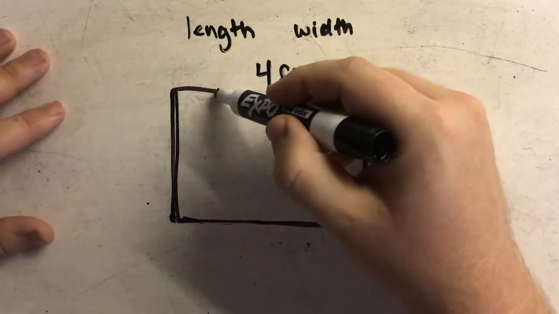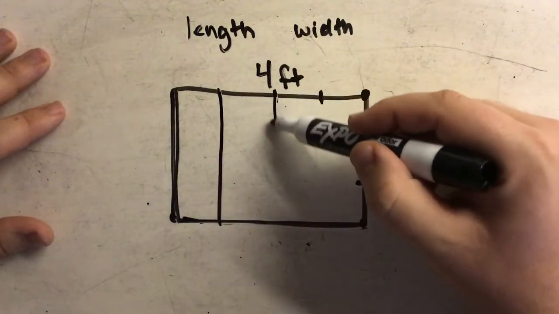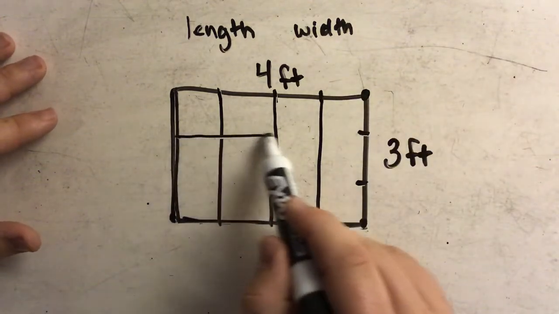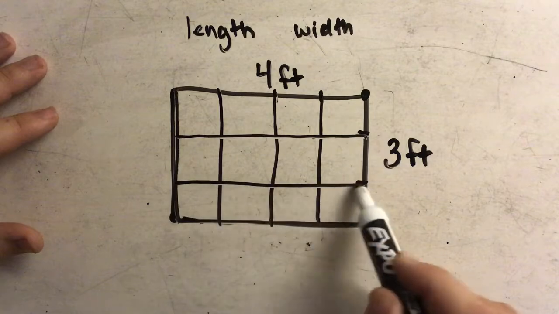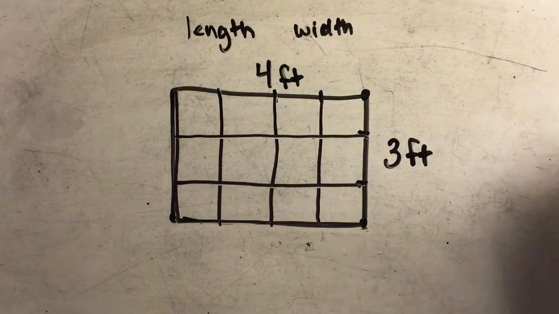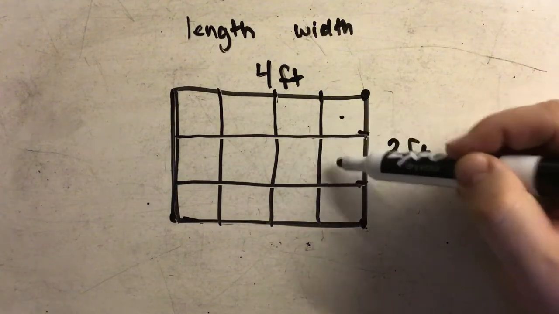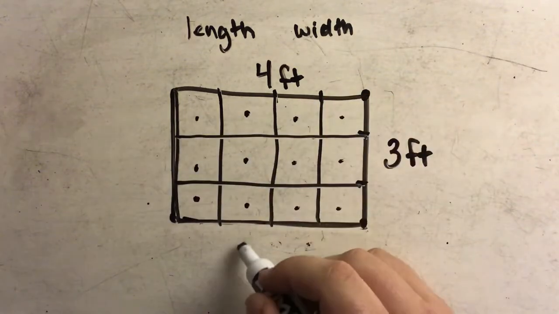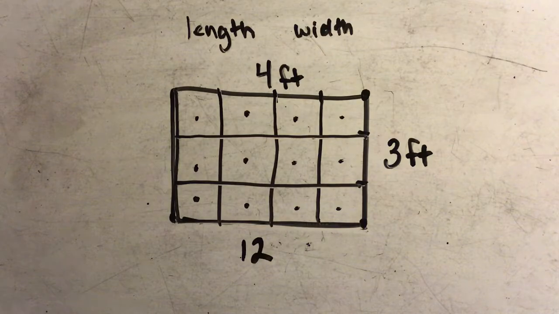And if I continued on with those lines across the space on my rectangle, I end up making kind of a grid. And using that grid, I could calculate what the area of this rectangle is. I could simply count up 1, 2, 3, 4, 5, 6, 7, 8, 9, 10, 11, 12 squares. So I would say that the area is equal to 12.